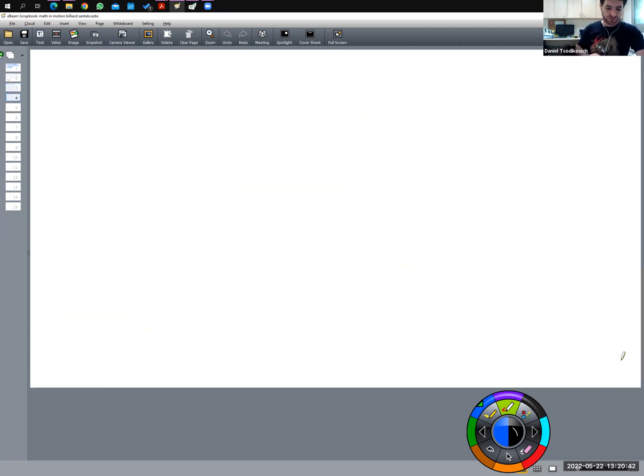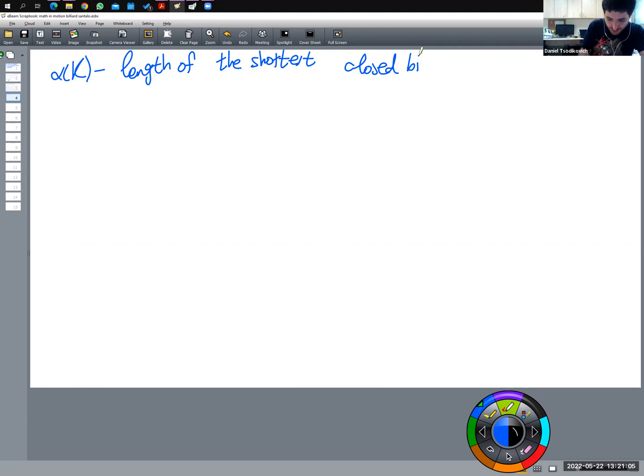We will measure the length of the shortest closed billiard trajectory in K. So let alpha K denote the length of the shortest closed billiard trajectory in K.